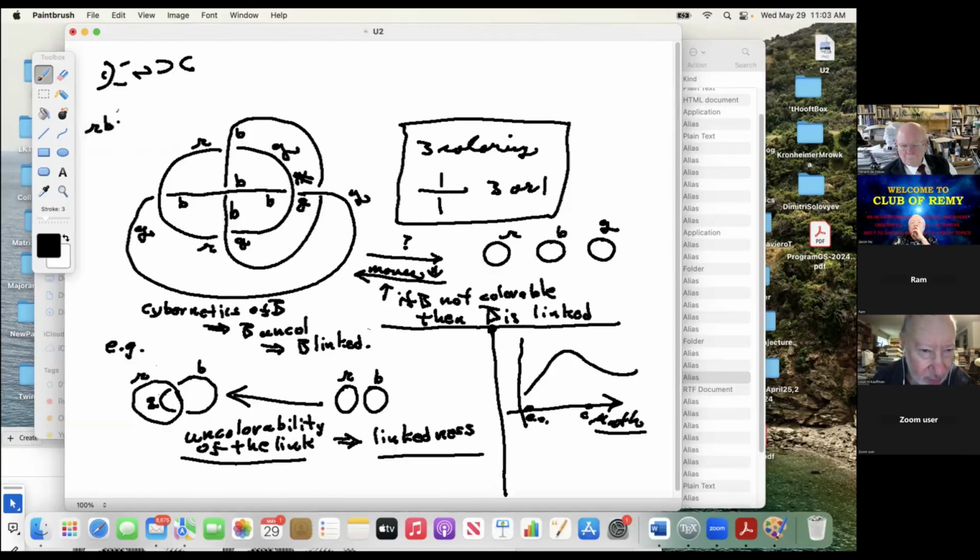Red times blue is equal to green. Blue times green is equal to red. Green times red is equal to blue. Red times red is equal to red. Blue times blue is equal to blue. Green times green is equal to green. If you wrote it all down as rules, it's an algebra.